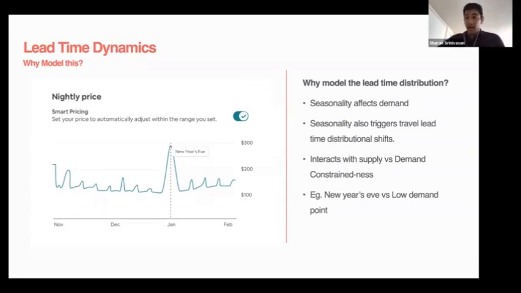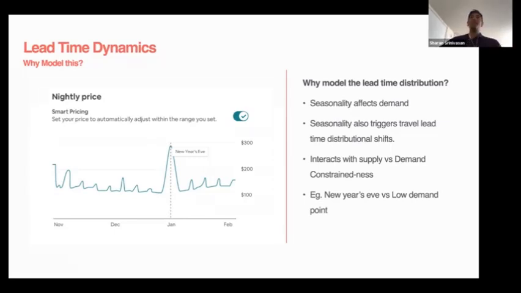In other words, as lead time gets shorter or longer, the demand for the check-in date changes significantly. This demand also changes with the area that you live in, which are the spatial characteristics that we mentioned before. It also varies with the kind of listing that you have, and also takes into account temporal factors like whether there are events or not.